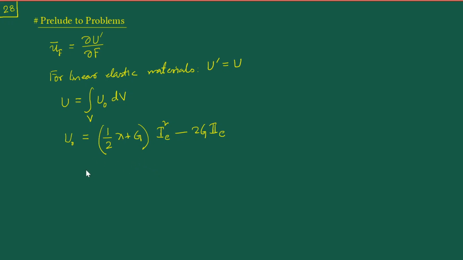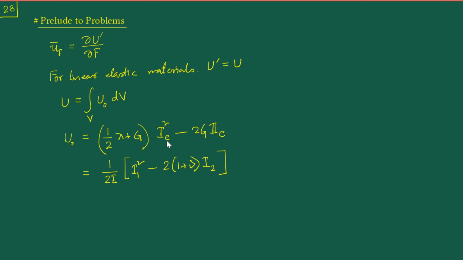Likewise, this can be equivalently represented in this fashion: 1 by 2E times I1 squared minus 2 into (1 plus nu) I2, where I1 and I2 are the first and the second invariants of stress.